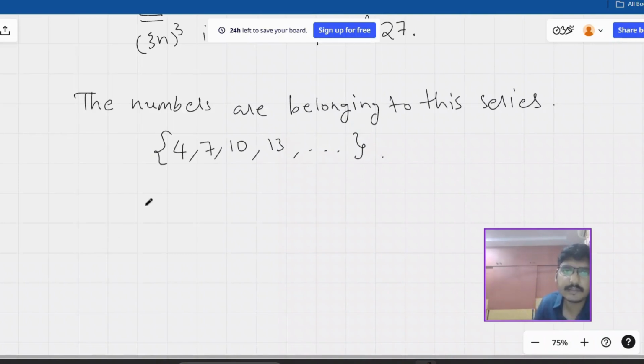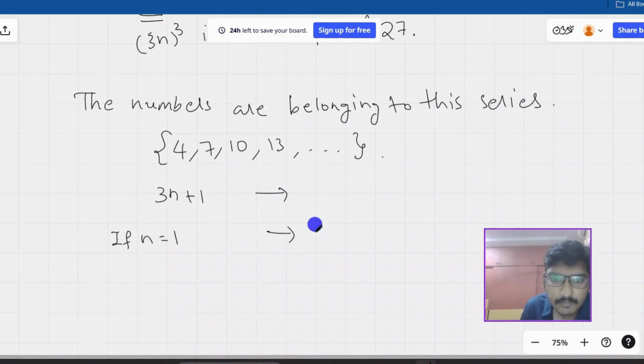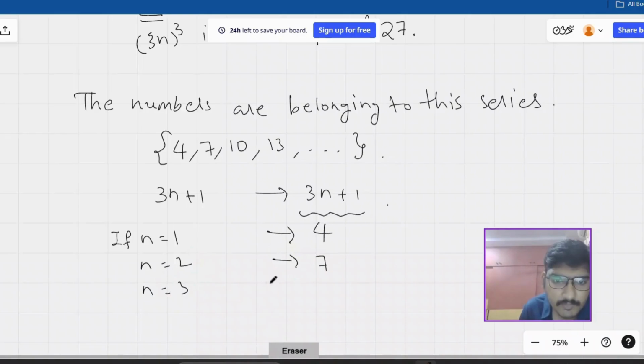You can all see that this series is represented as 3n plus 1, since if n is 1 we are getting 4, right? 3n plus 1 becomes 4. If n equal to 2 it becomes 7. If n equal to 3 it becomes 10 and so on.